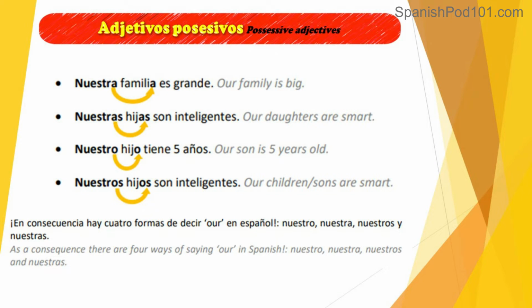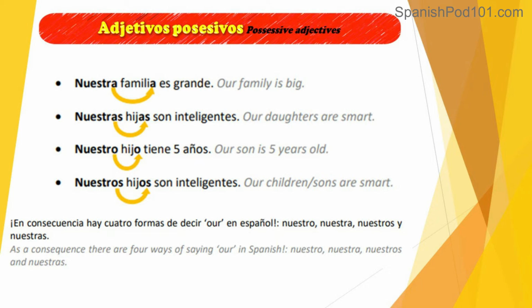Remember, we match the possessive adjective in gender and number with what we possess instead of the person speaking. So we're going to say nuestra familia es grande. As you can see, familia is femenino singular, and we want to say our family.